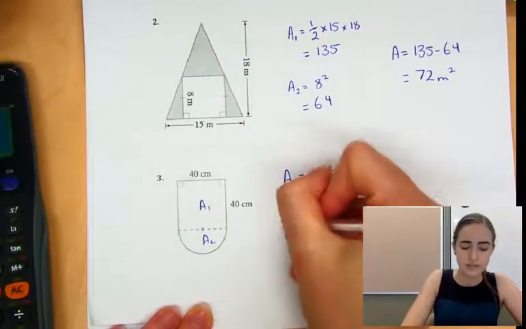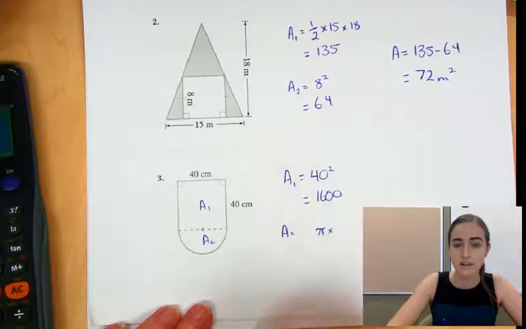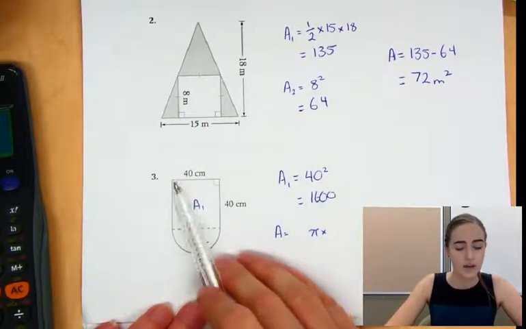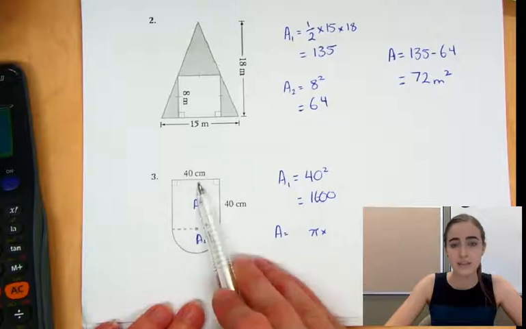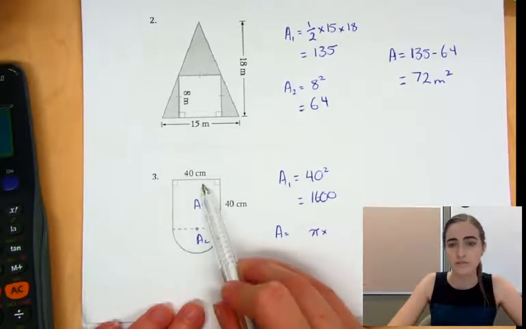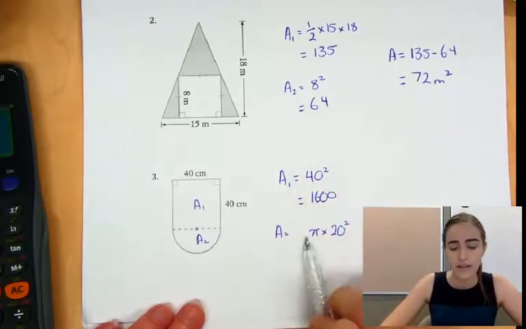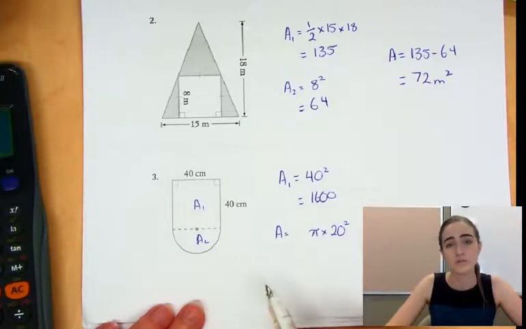And for our semicircle, if that was a regular circle, we'd have pi times the radius squared. And now we know the whole distance from here to here has to be that 40. The radius is from the center of the circle out, so that's going to be half of 40, which means that our radius is going to be 20. So we'd have pi times 20 squared if we had a whole circle.